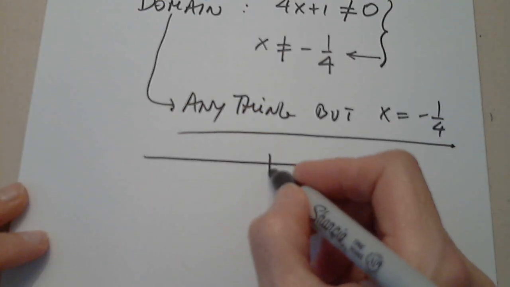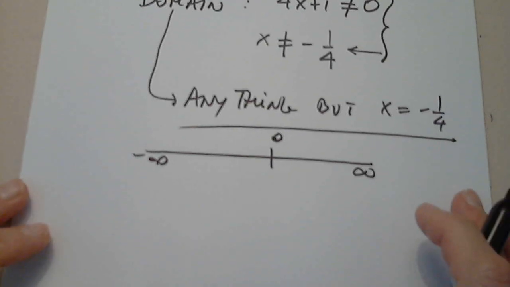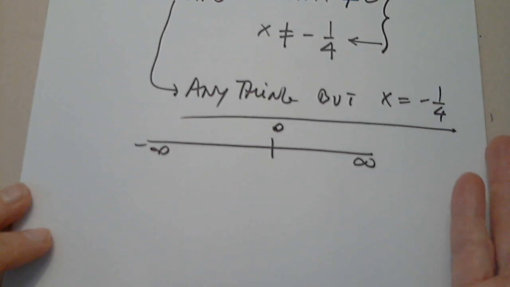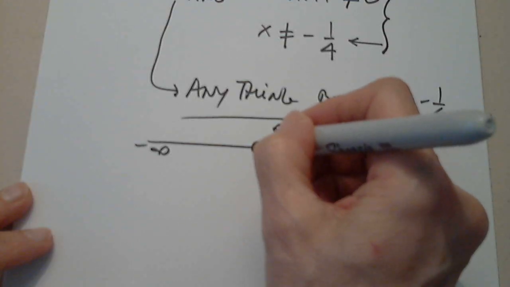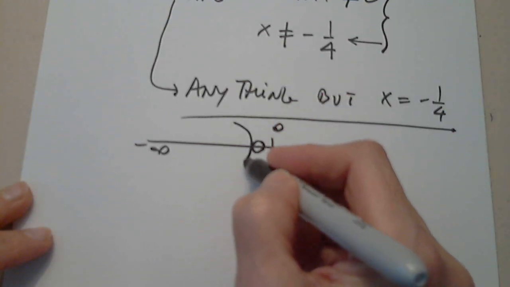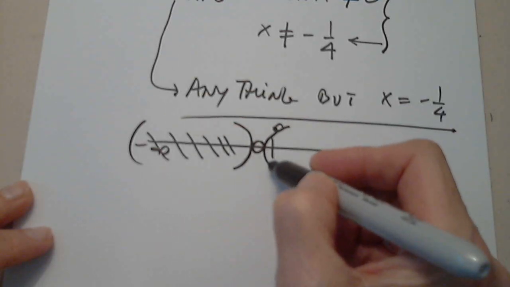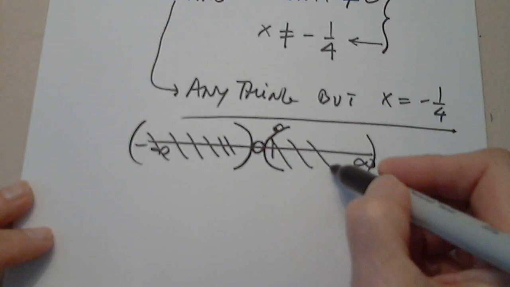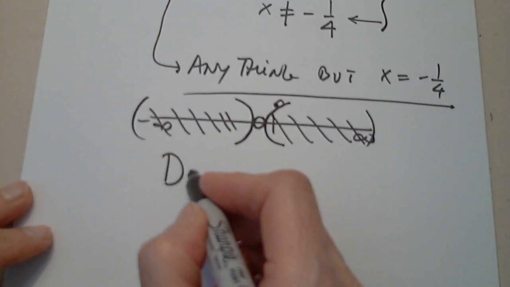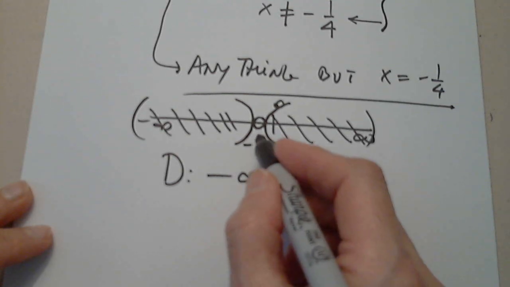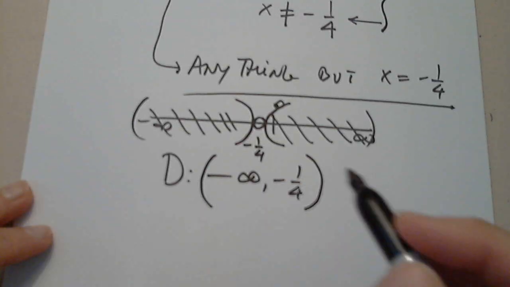So let me explain it on the real line first, so you understand what's going on. Negative 1/4 is negative 0.25. So it's this point here. So I have to use this interval, and I have to use this interval. So then the domain will be negative infinity, negative 1/4 with a parenthesis.